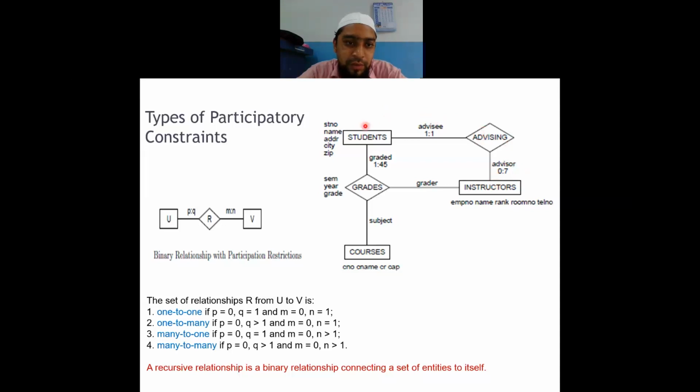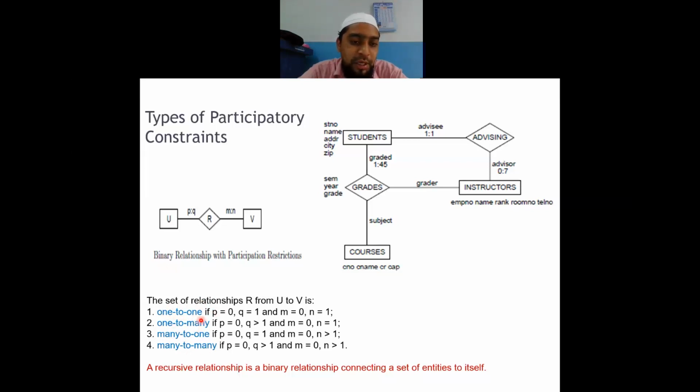If we look at it in terms of U and V, U and V being the two entity sets and R being the relationship among them. Suppose from the U entity set, the minimum number of participants is P and the maximum is Q. From the V entity set, the minimum is M and the maximum is N. Then we classify the relation based on the mappings below.